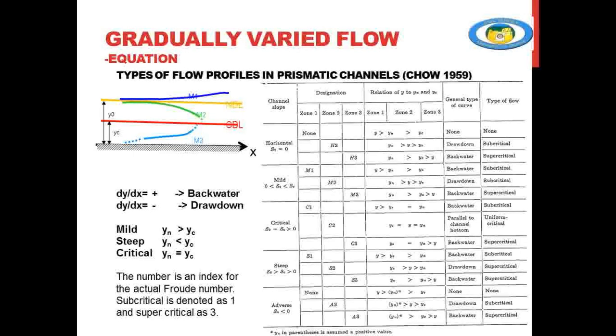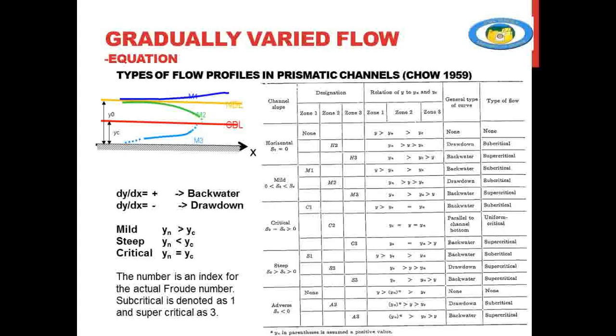If y exceeds both the normal depth and the critical depth, then it's going to be M1. If y is between the normal depth and the critical depth, then it's going to be M2, in which case there would be a drawdown, so the depth is decreasing along the flow path. Drawdown, subcritical flow. If y is less than both the normal depth and the critical depth, then it's going to be M3.